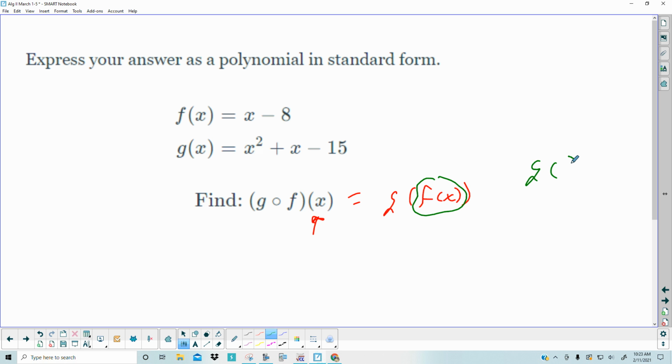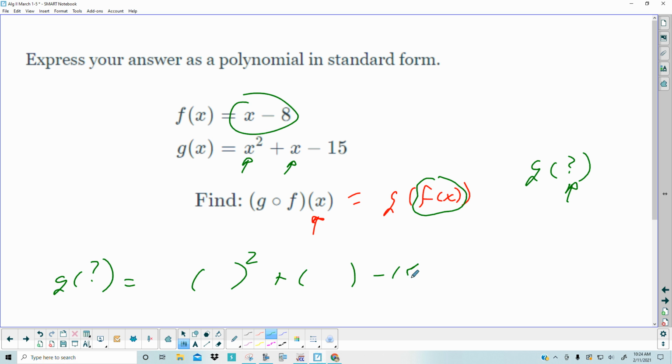Because g of something, this is what you're going to fill in here and here. Whatever's inside g, that's what you put there. Well, what are you putting there? F of x. Write this function without the g. G of something is this. Something squared plus something minus 15.